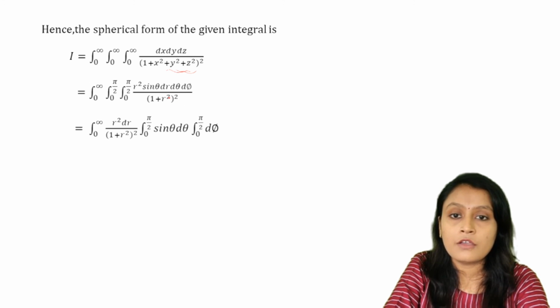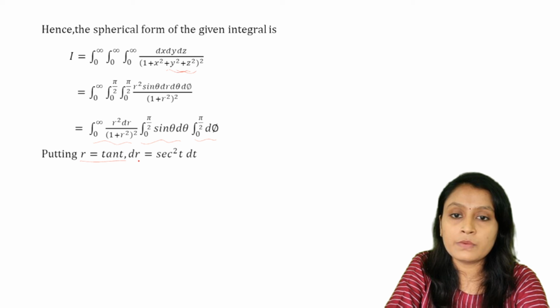Next, we have to separate these three integrals with respect to phi, theta and r. Here we have all the theta terms, here phi, and here the terms of r. Now we suppose r as tan t, so you will get dr as sec square t dt.